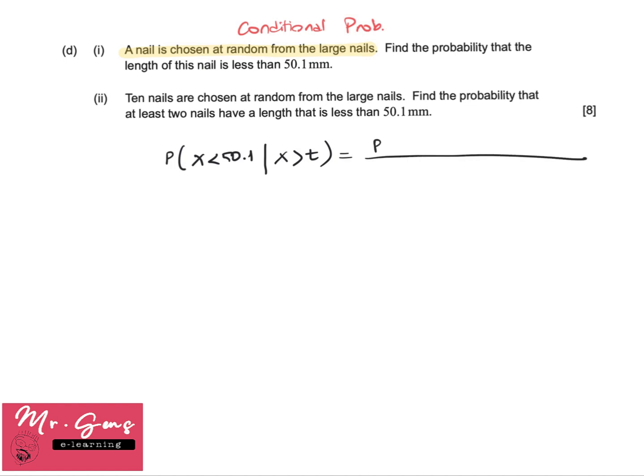So numerator is their intersection. Size should be in that interval, and it's supposed to be a large nail. I put exclamation marks here. We will come back to this section.